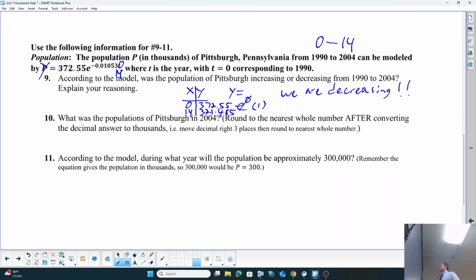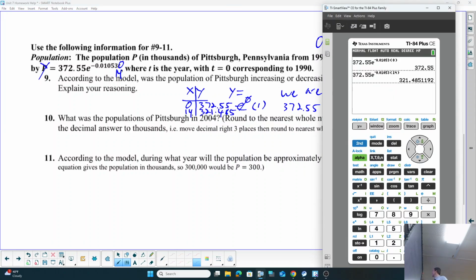Let's see here. Basically, 372.55 minus 321.485. How much do we decrease by?